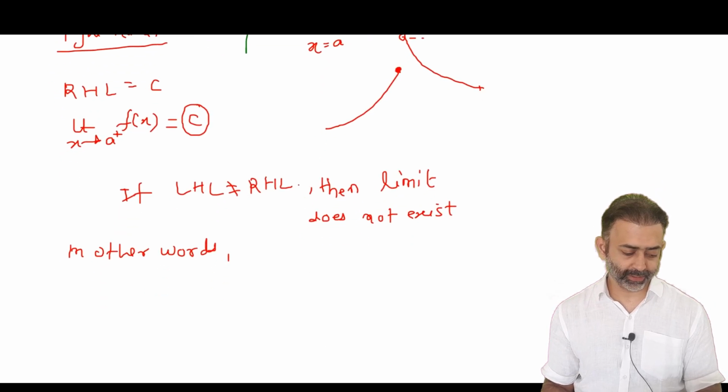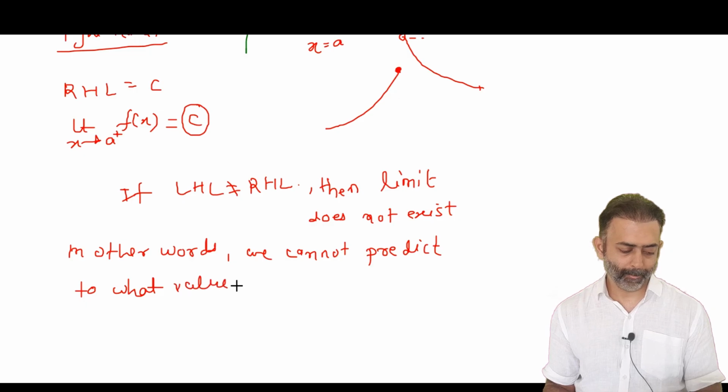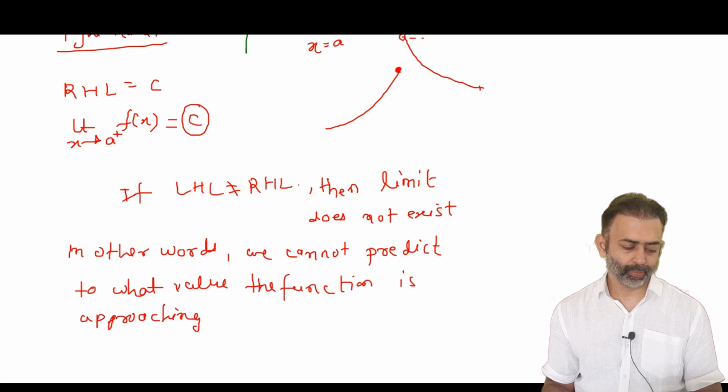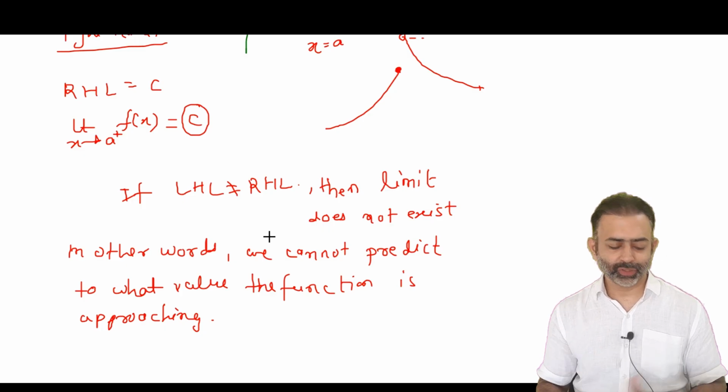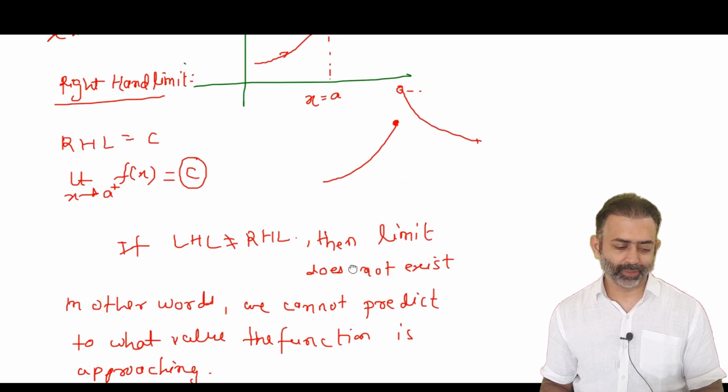In other words, as I said, we cannot predict to what value the function is approaching. Okay, because there is a break in the graph.